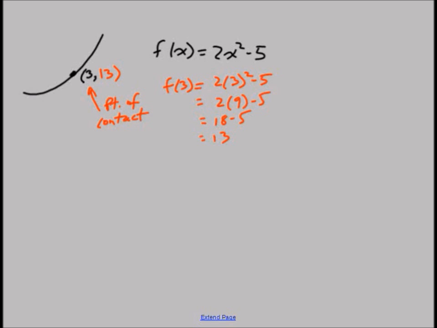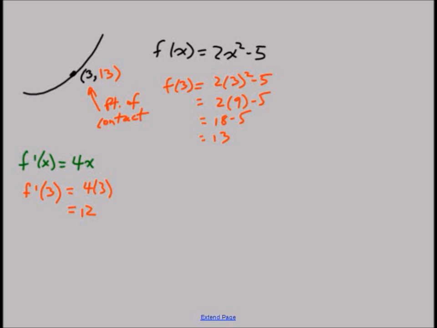We take the derivative of that. We know that it will be 4x using our derivative rules. And if we plug the x value of 3 from our point of contact in here, we get 12.